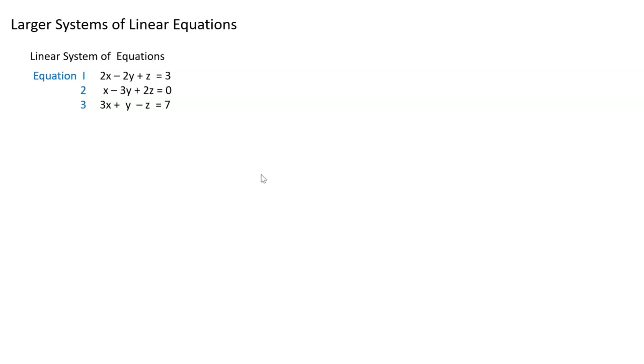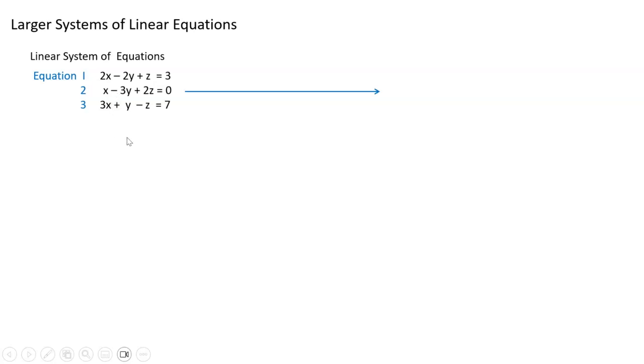I was trying to come up with a plan for them because at times they see a system of equations with 3 variables, and they kind of freak out because they don't know what to do. So I always try to come up with a plan. The plan here, guys, is you always want to have a coefficient of 1 on equation number 1, because the work will be much easier.